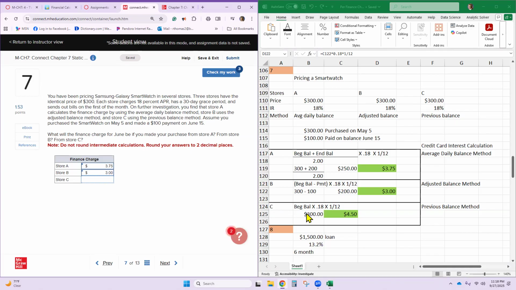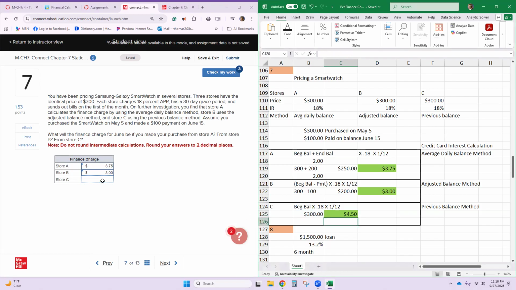And then the final one is the previous balance method. It doesn't even take into account any payment that was made. It's simply 300 times 0.18 times 1/12.